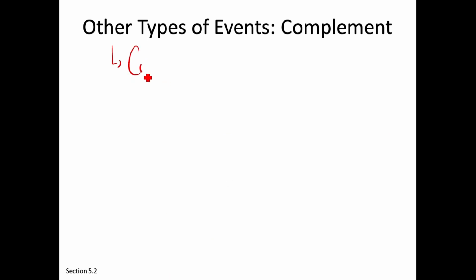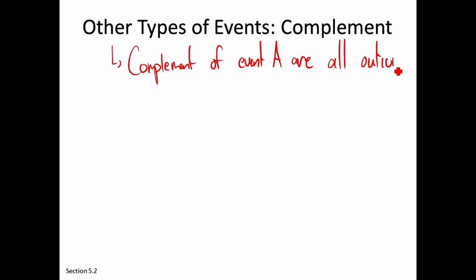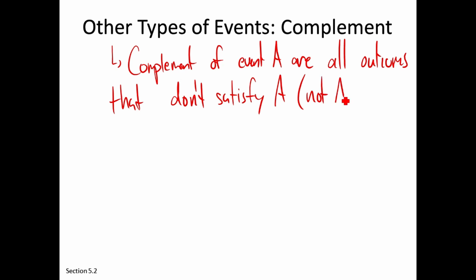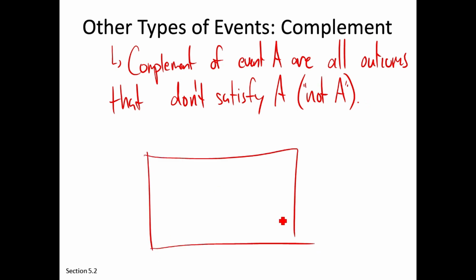The complement of A is all the outcomes that don't satisfy A. You can think of it sort of as not A. So if here's your event A, and here are all your outcomes in A, then the complement is everything else.